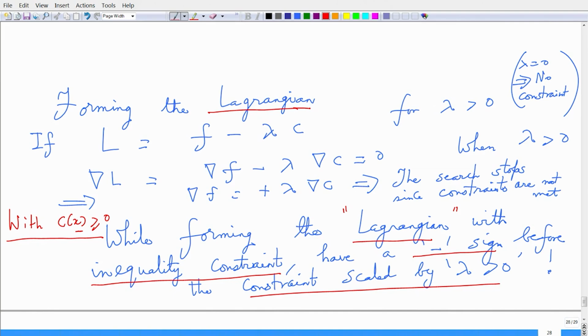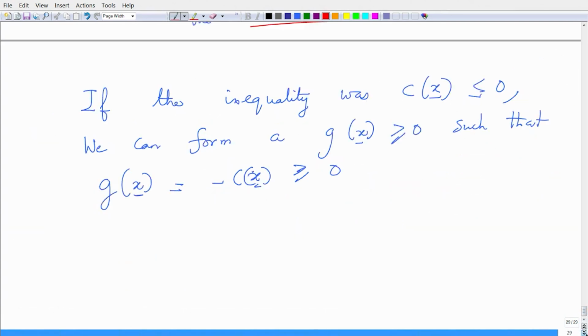But if you have not seen this from optimization courses, you will wonder whether to put a plus or a minus, and that makes a big difference here, because if you put a plus, you are again searching in the half plane, and it is basically making no sense.